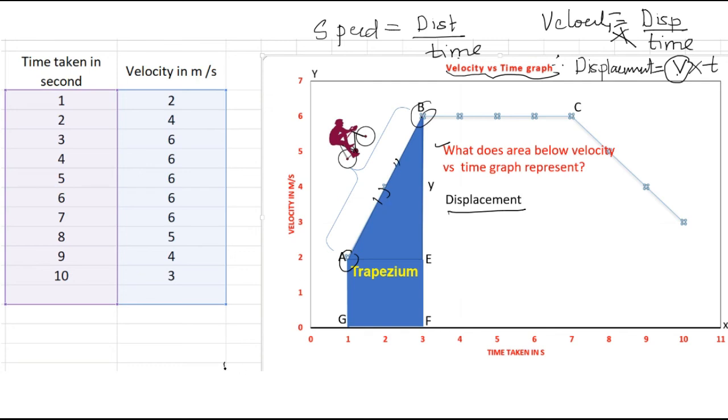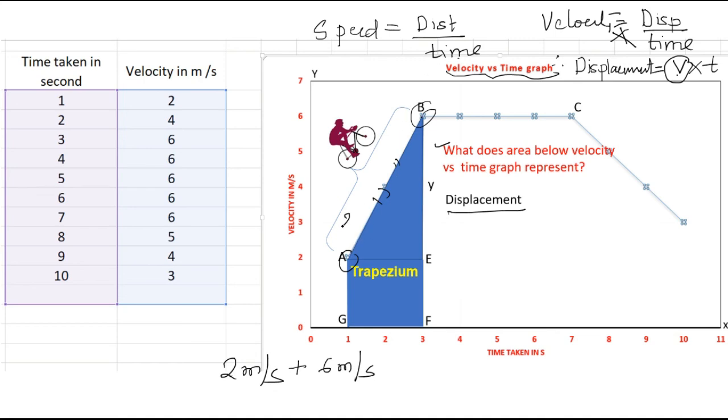It started with 2 meter per second and there is steady increase. There is nothing like it suddenly goes to 8 meter per second and then came to 6 meter per second. It steadily changes and became 6 meter per second. So in this case you can simply add it and take an average, because there is velocity change in equal amounts.